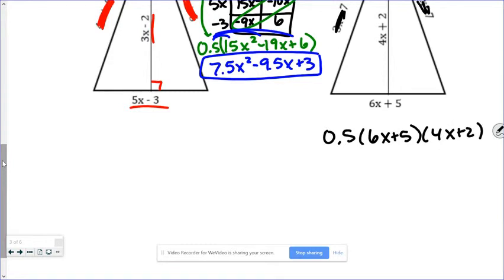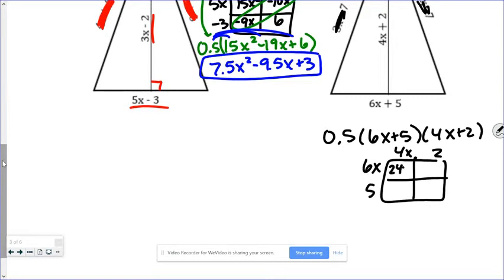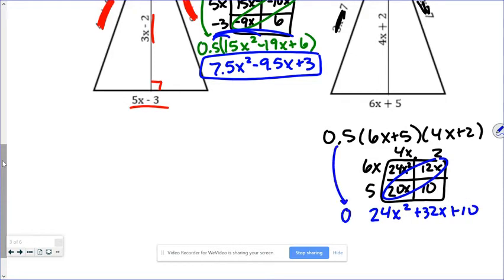Great. Okay. I need to do my box. So I have 6x and 5, 4x and 2. I'm multiplying, so 24x squared, 12x, 20x, and 10. I can combine like terms diagonally. I have 24x squared plus 32x plus 10. And my 0.5, don't forget about that guy.